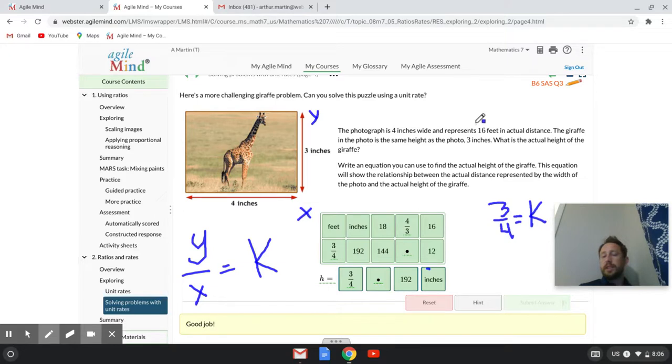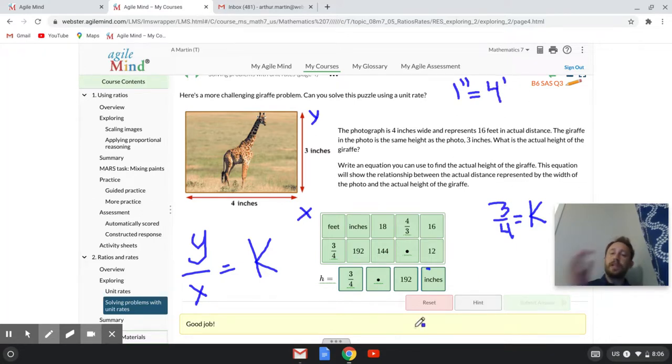4 and 16 and see what we're actually coming up with. So if we were to do that, we know that 16 and 4, if we do both of those divided by 4, that would tell us that 1 inch is equal to 4 feet.